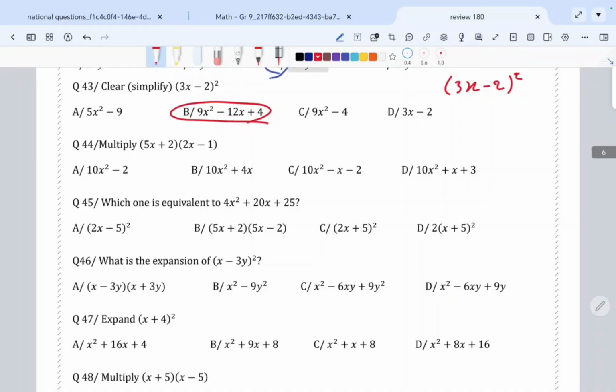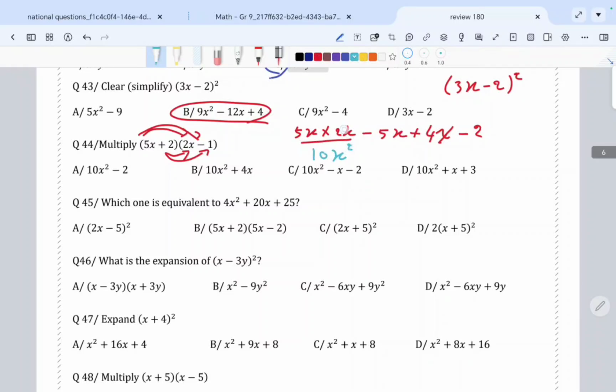5x plus 2, 2x minus 1. Multiply 5x by 2x, 5x by negative 1, 2 by 2x, 2 by negative 1. Let's do it. 5x times 2x, 5x times 2x minus 5x times 1, plus 2 times 2x, which equals 4x, then minus 2 times 1 equals 2. 5 times 2x equals 10x power 2.